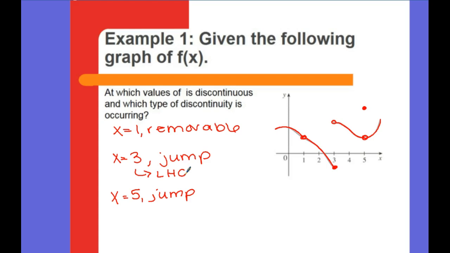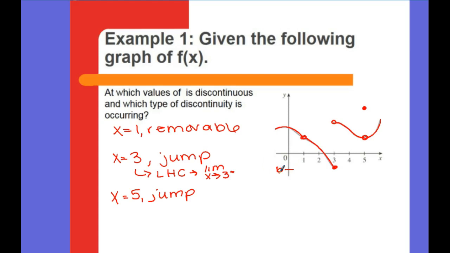Yes? So it's still left-hand continuous even though there's a hole from the left? The hole from the left is at 1. So you look at small segments. In order for left-hand continuity to occur, the limit as x approaches 3 from the left is whatever we'll call this value b.